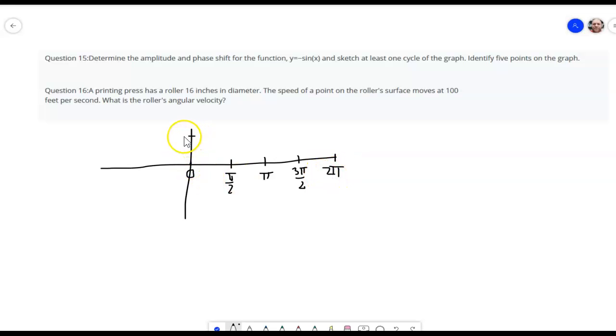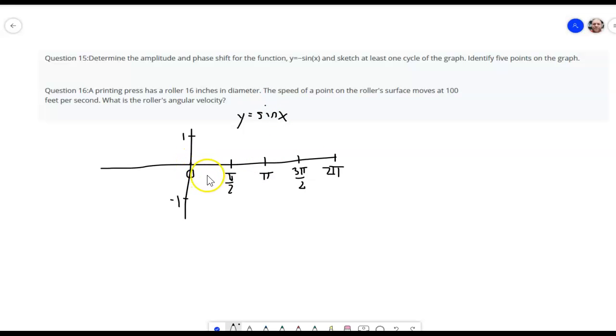And up here on the y values we have 1, and down here we have a negative 1. We can use our unit circle to help us graph the normal y equals sine of x. So the first thing I'm going to do is graph the normal function, y equals sine of x.